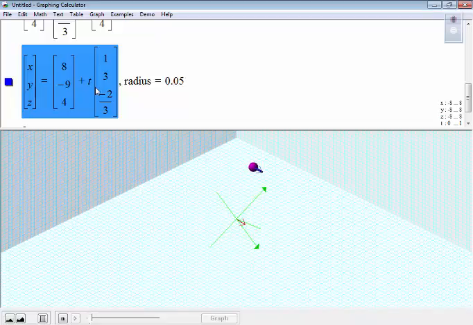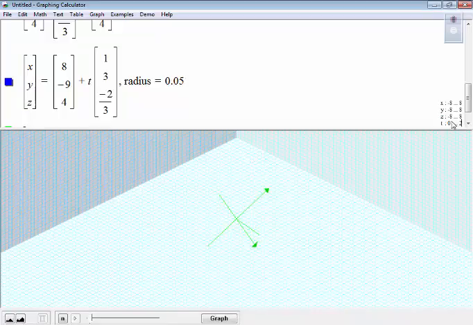So to see this line a little bit more, if I just extend this to 2 and maybe extend this to -1, then there's my line coming out of that point passing through that vector. And it's up to your t parameter to extend to as far as you want on this line.